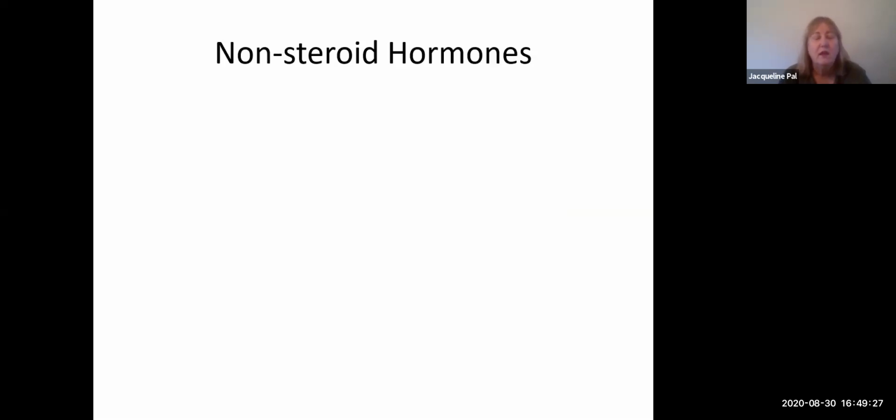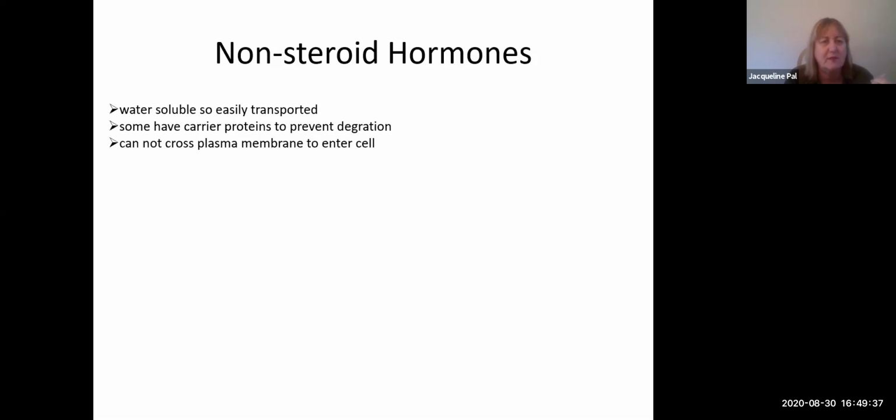So that's steroid hormone. Now let's look at the non-steroid hormones. First, let's define what a non-steroid hormone is, because there are several types. Comparing them, they are all water soluble, so they're easily transported in the blood. That being said, some do have protein carriers to prevent their being broken down, not because they're required for transport in the blood.